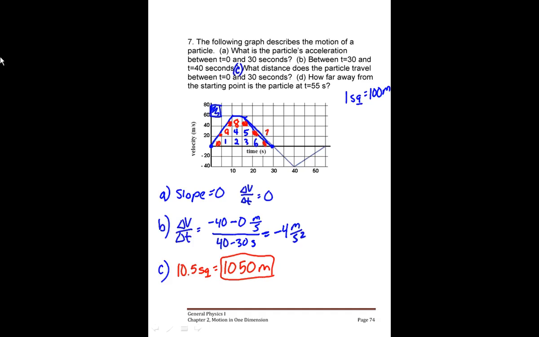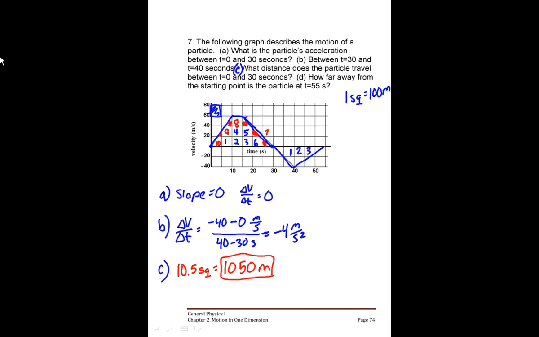Now for part C, how far away from the starting point is the particle at 55 seconds? So now I want to know the area above this line. And I'm going to subtract that distance from what I got before in order to find the total distance that it traveled. So I'm going to do like I did before. I have 1 square, 2 squares.